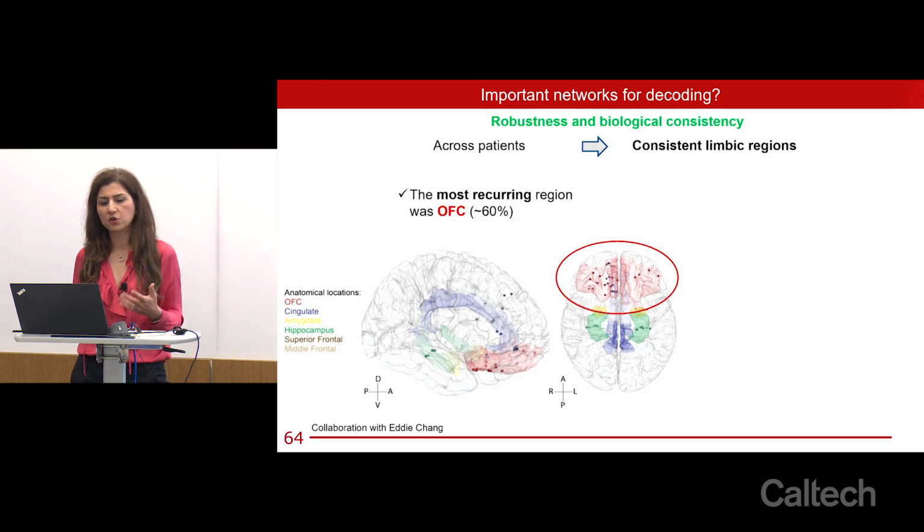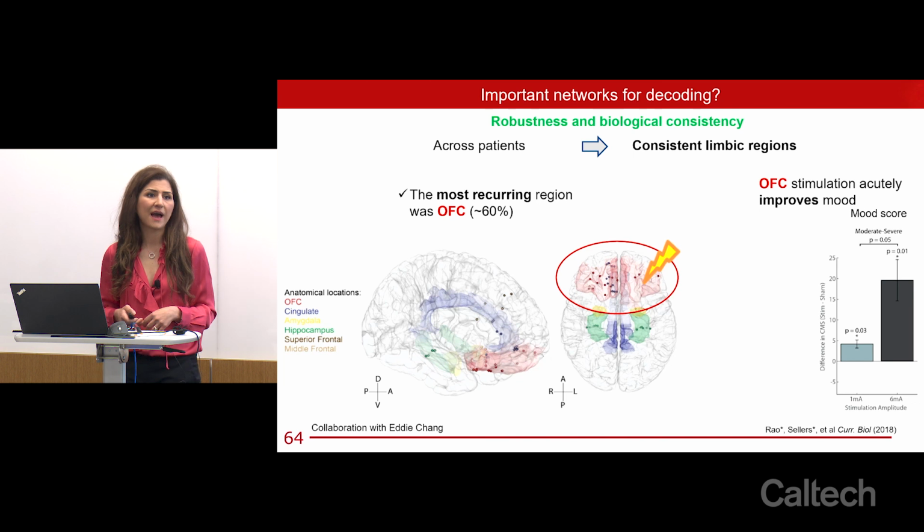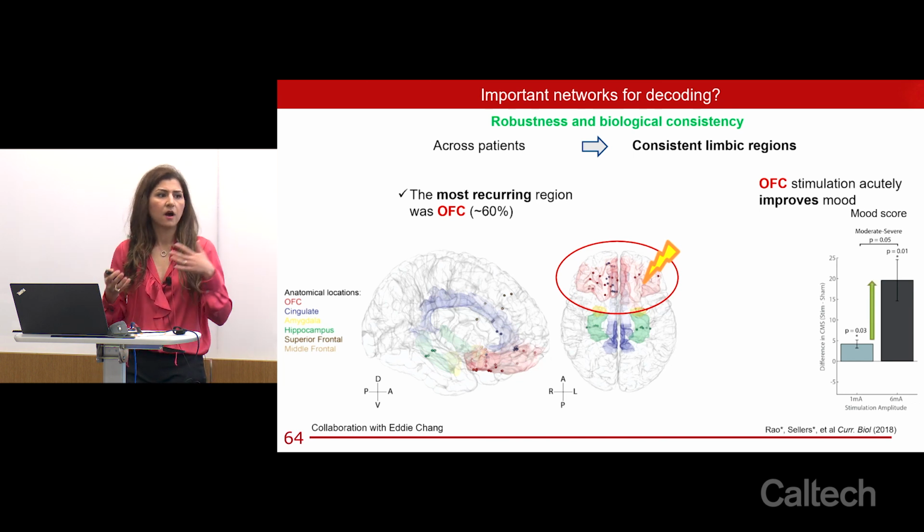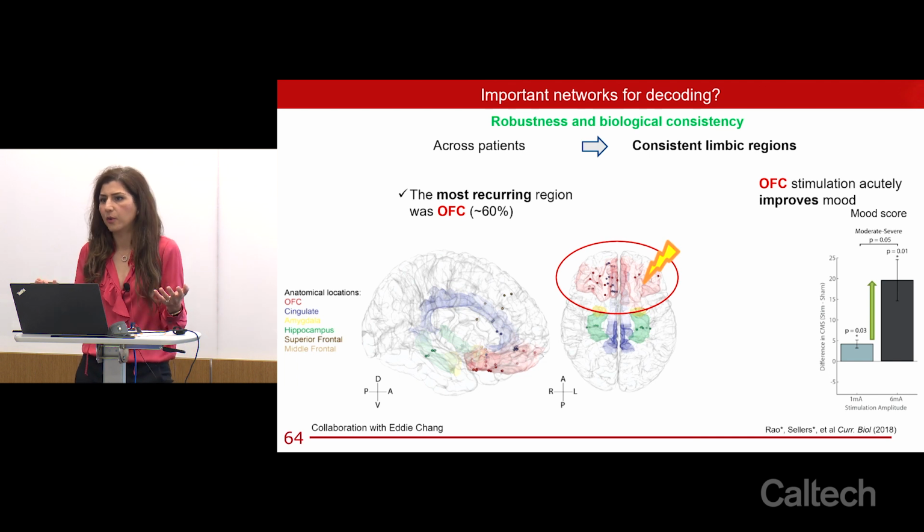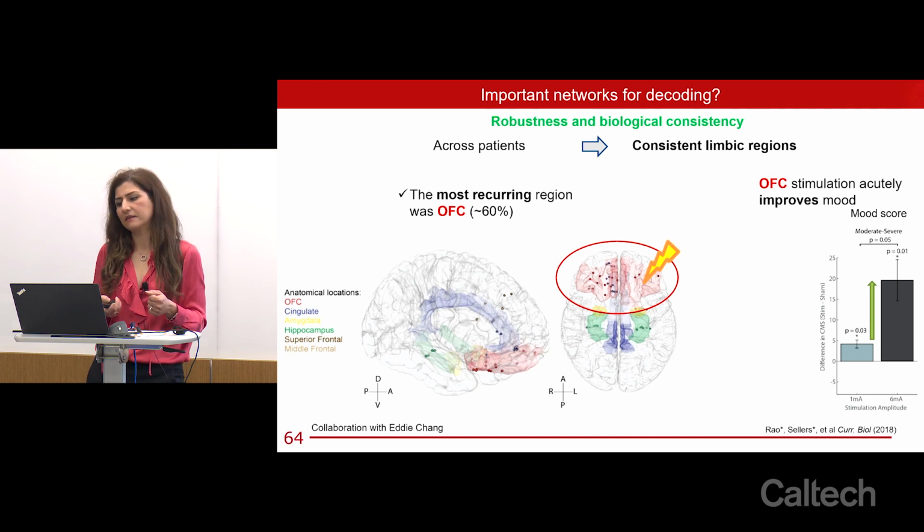In particular, showing that orbitofrontal cortex was the most mood predictive. And then when we stimulated, their mood actually was alleviated, providing also a causal link of the findings of these latent state models. So you can see that these models are actually giving us interpretable and causally validated findings as well.